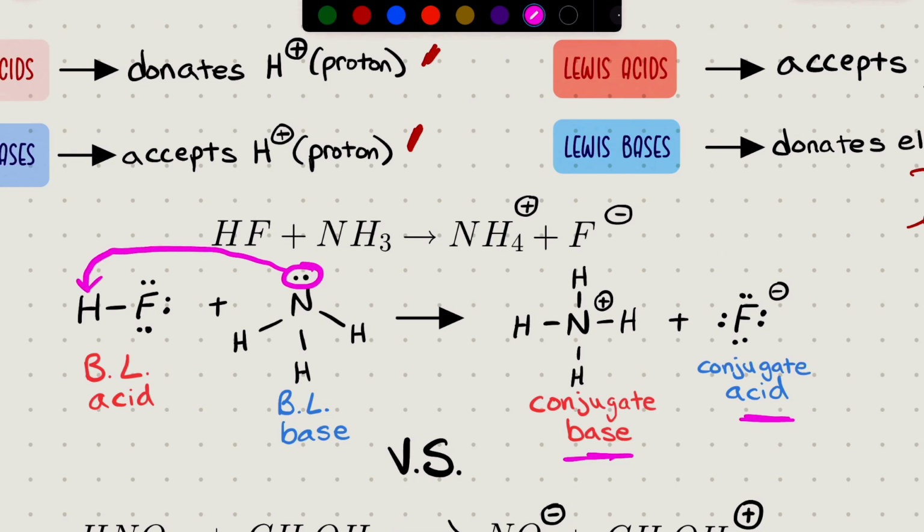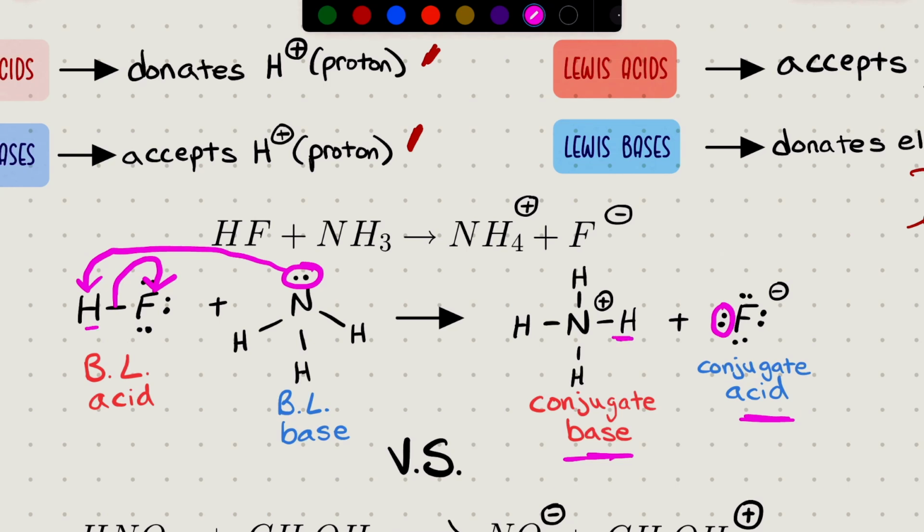When the hydrogen is taken away, this poor little bond has to go somewhere, so it's going to go here to the fluorine, and it's going to become that lone pair over here, while this hydrogen got attached over here.